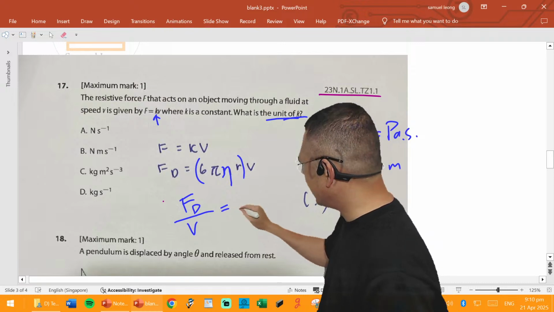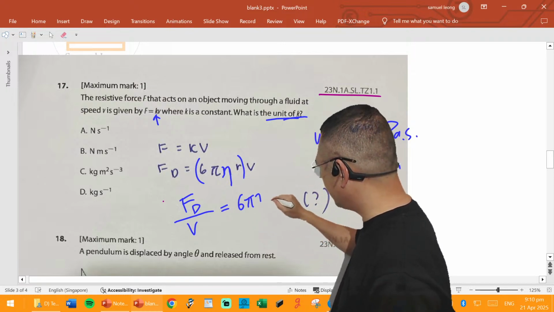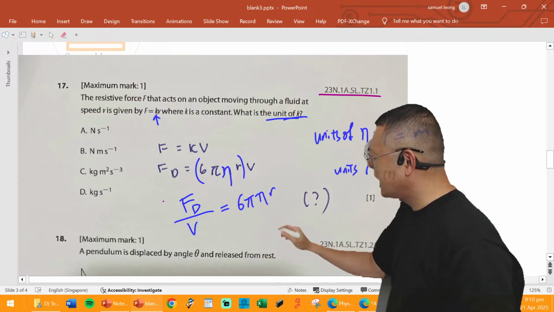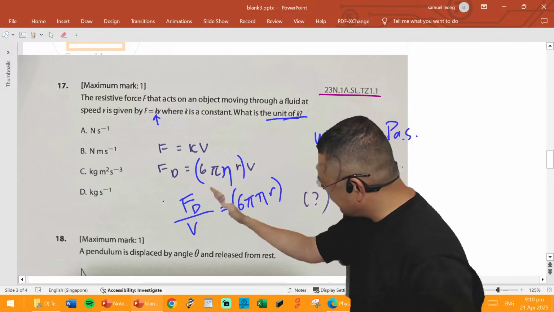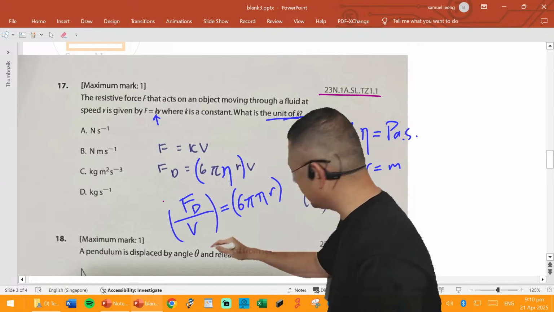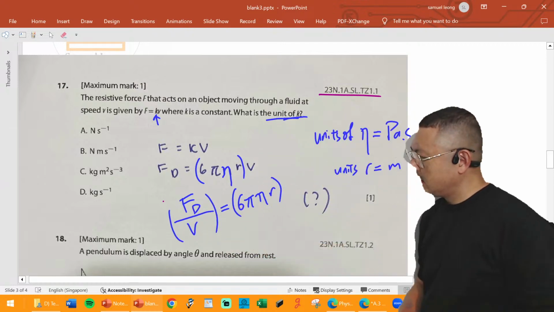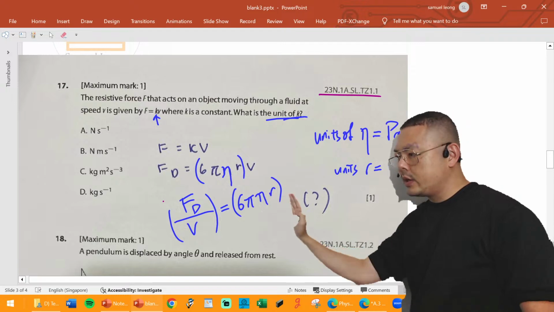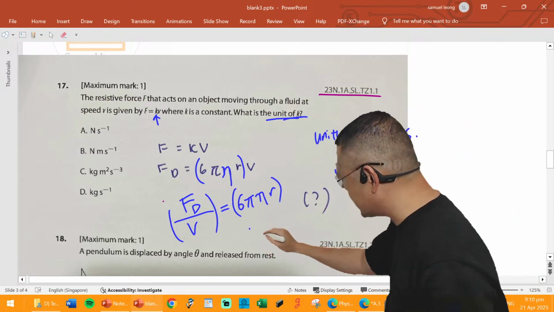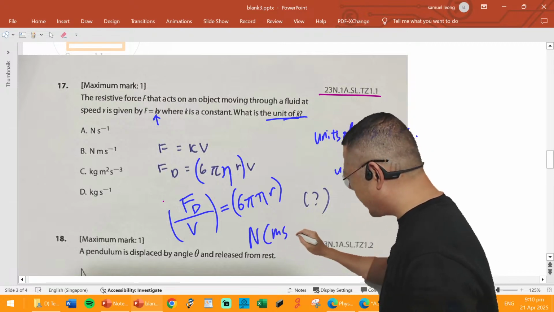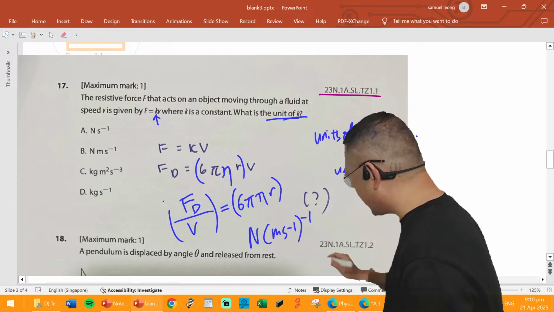And this is equal to 6 pi viscosity R. If you're looking for the units of K, it's exactly the units of this. So without knowing the units of viscosity, you can find force over velocity, which means Newtons over meters per second, N per m s^-1.